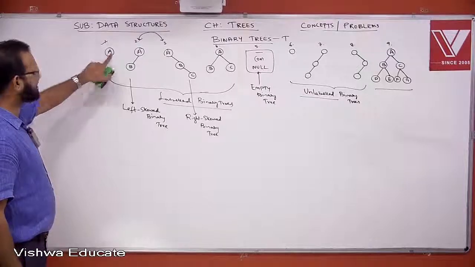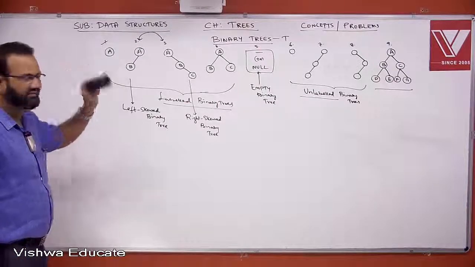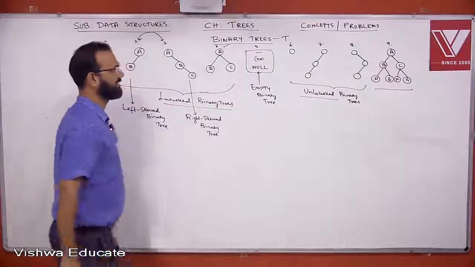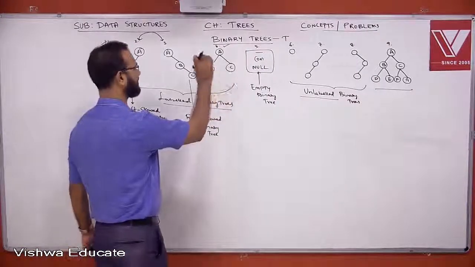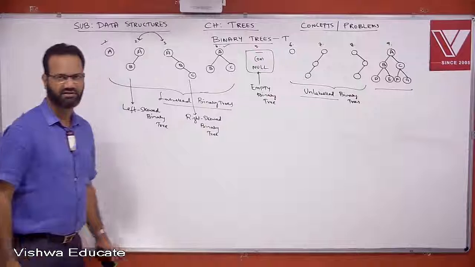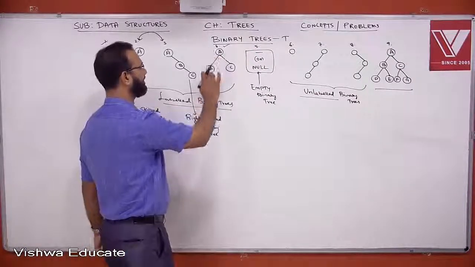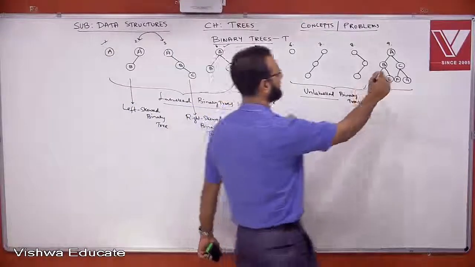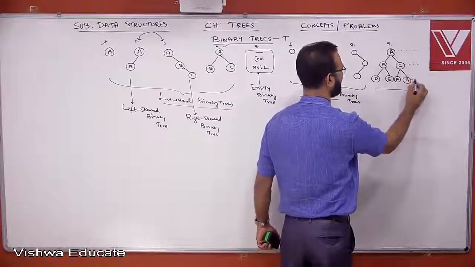Then is this one a skewed one? No, nothing is there in its left, nothing is there in its right. Then coming to this category, what exactly is this category of tree said to be? I have some nodes which are complete within it. At each level a sufficient number of nodes are there. This particular tree also has the same thing.